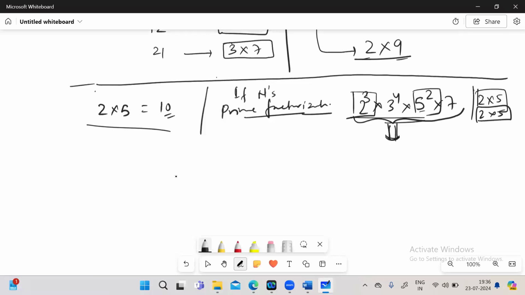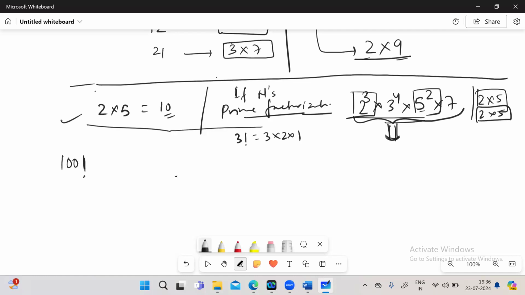So with this definition and this explanation, if somebody asks you how many zeros will be there in 100 factorial. If you don't know about factorial, I'll just write it here. 3 factorial is 3 into 2 into 1.